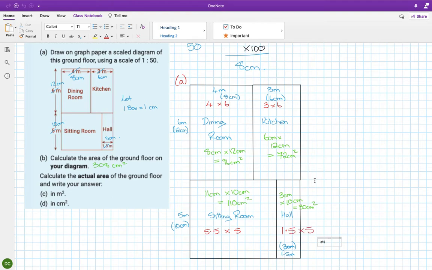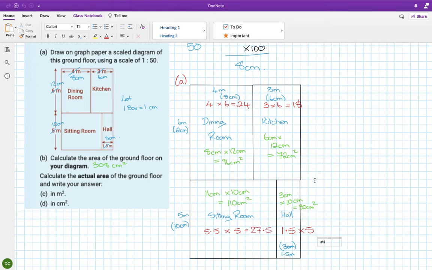Okay. So 4 by 6 is 24. 3 by 6 is 18. Yeah. 5.5 by 5 is 27.5.